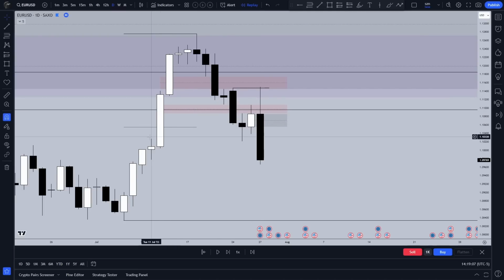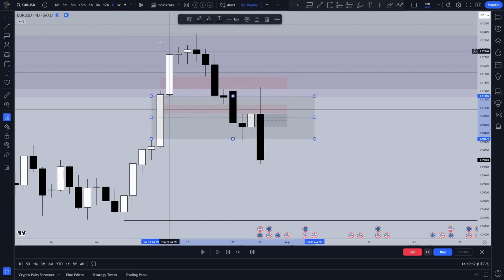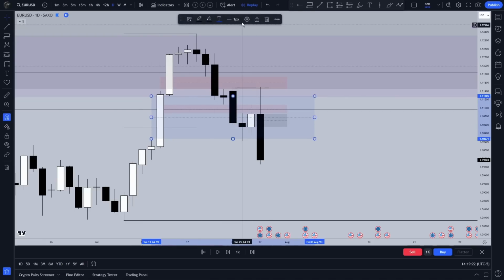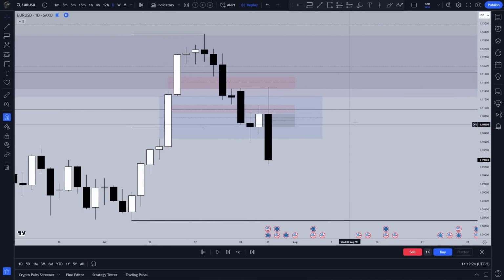We have this entire inversion fair value gap here, and you can see how the daily bearish order block is aligning perfectly with this daily bearish inversion fair value gap, right? So if I'm bearish now and I want to aim for lower prices here, what I don't want to see is price closing now above this daily order block here, right?